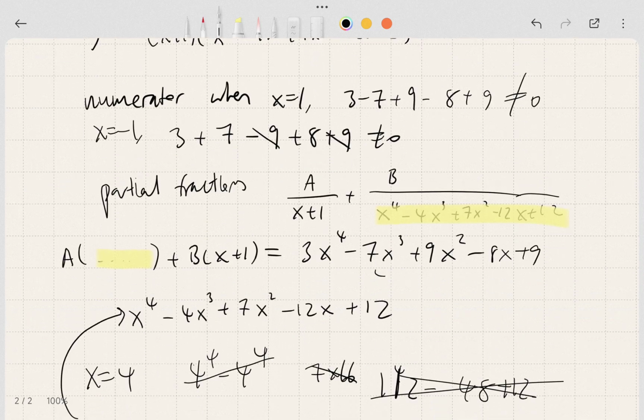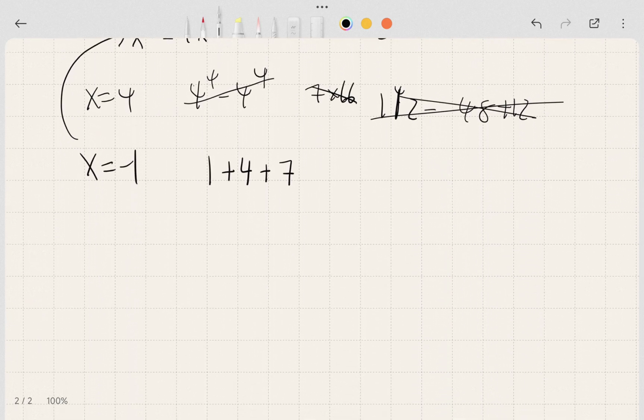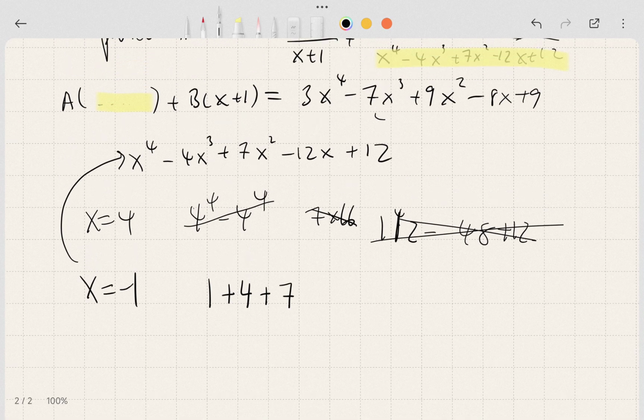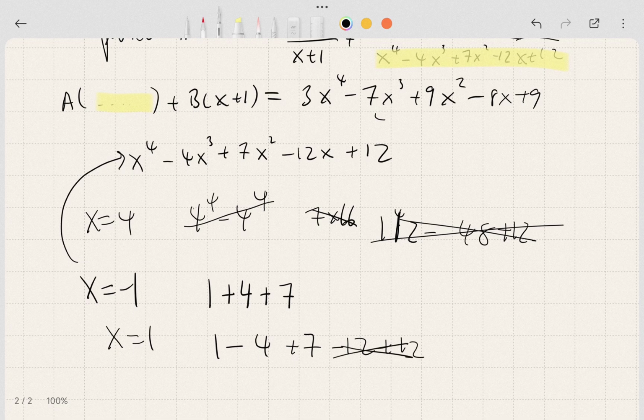Minus 1 doesn't work. So what about x equaling 1? 1 minus 4 plus 7 minus 12 plus 12. That no longer works.